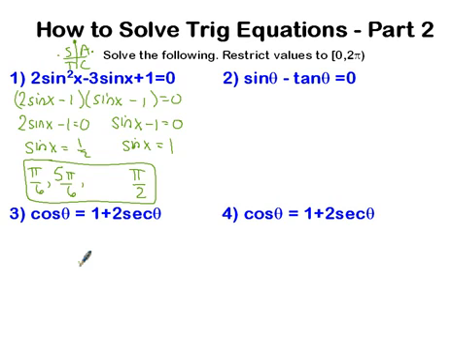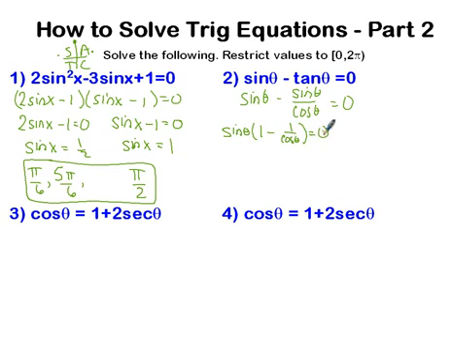For number 2, let's rewrite tangent: the sine of theta minus the sine of theta over the cosine of theta equals 0. And since I have sine in the numerator of both of these terms, this is a sine over 1 in the first term, I can factor it out. So I can factor out a sine theta, and I'm left with 1 minus 1 over cosine theta.